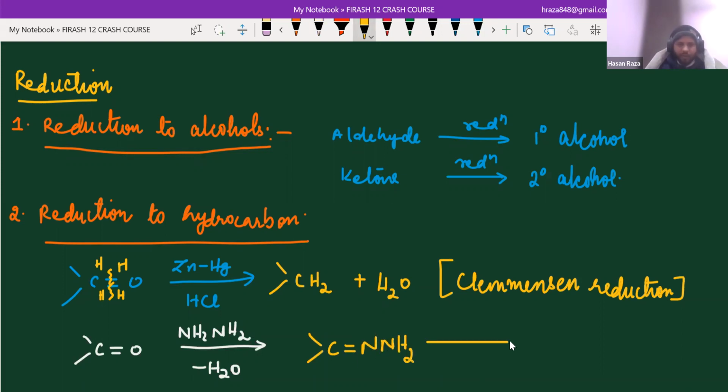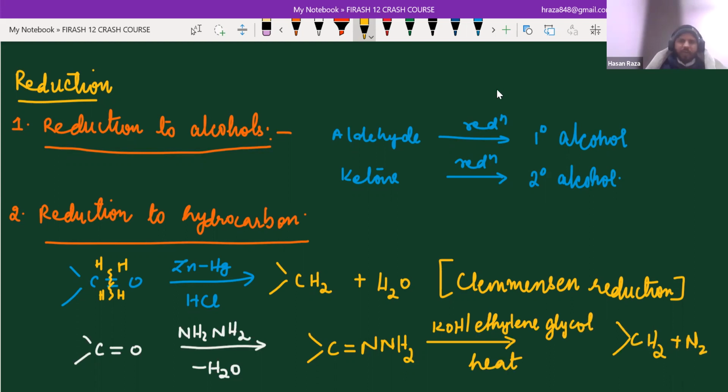And again, if you are going to use KOH, that means base, in the presence of ethylene glycol, and heat it, then you will be getting CH2 and N2 will be evolved. And this reaction is basically known as Wolff-Kishner reduction. So first write it, then I will explain this.